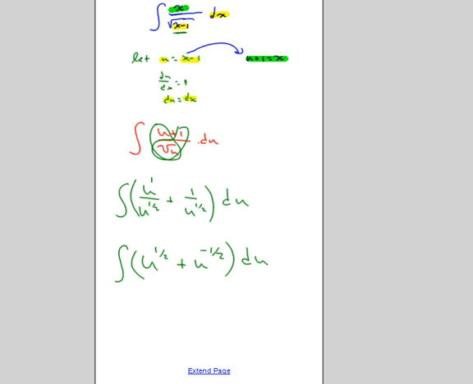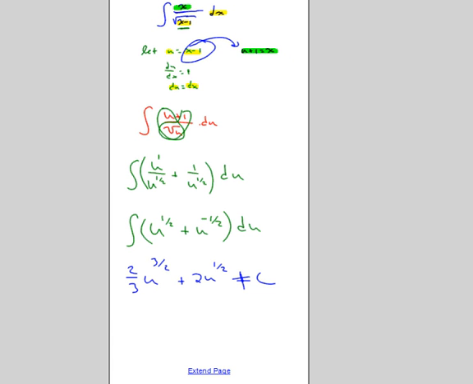So this will equal 2/3 u to the 3/2 plus 2 u to the 1/2 plus c. And then we resubstitute. So our final answer is 2/3 times x minus 1 to the 3/2 plus 2 times x minus 1 to the 1/2 plus c.